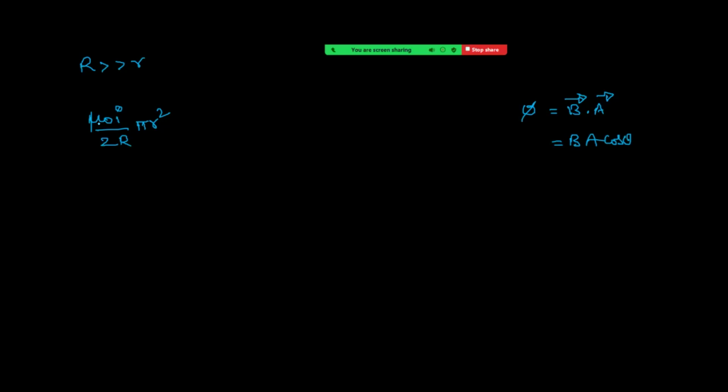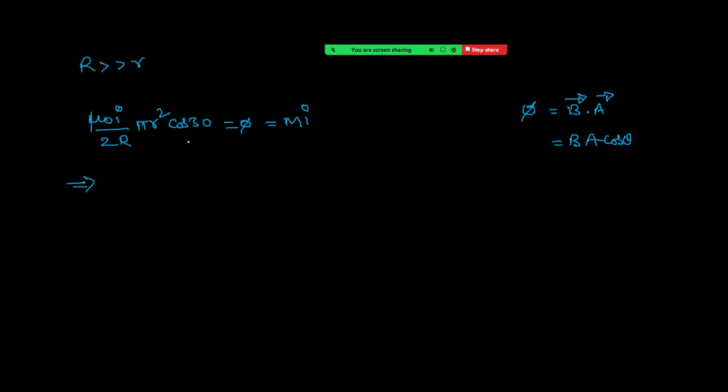So B is mu naught I by 2R, A is pi r square, into cos of the angle. The angle between the planes is 30, which means the angle between their normals is also 30. It is now into cos 30. This flux is equal to M into I.